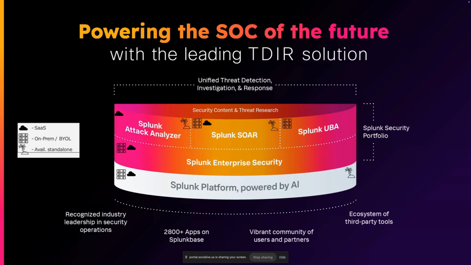On top of it, you can add more products such as Splunk Enterprise Security, which is nothing but your SIEM, security information and event management system. On top of the SIEM, you can add more products such as SOAR, user behavior analytics, or Splunk Attack Analyzer. The Splunk Attack Analyzer is a new one in their portfolio.